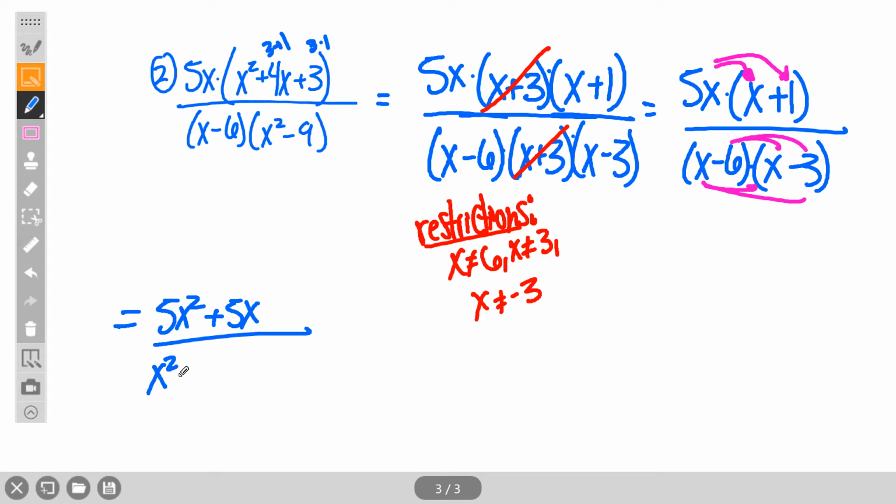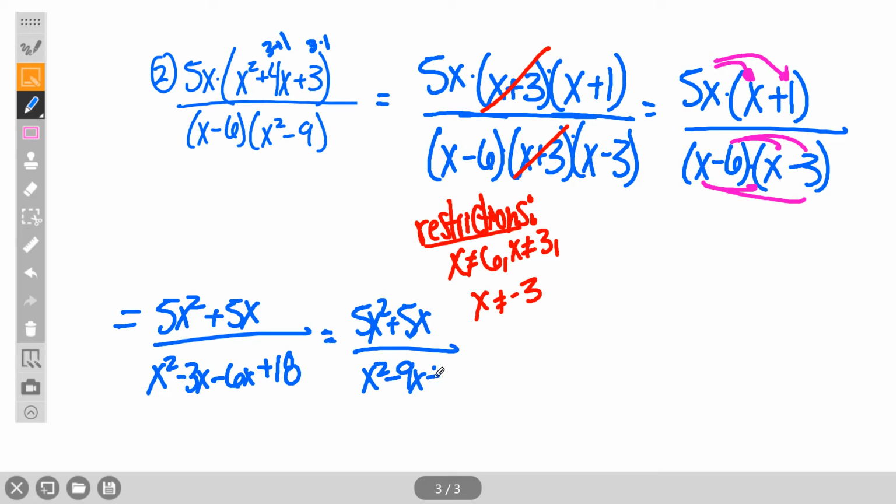X times -3 is -3x. -6 times x is -6x. And -6 times -3 is +18. Combine the like terms. So 5x squared plus 5x over x squared minus 9x plus 18. This would be our simplified expression. And that has restrictions that x cannot be equal to 6, 3, or -3.